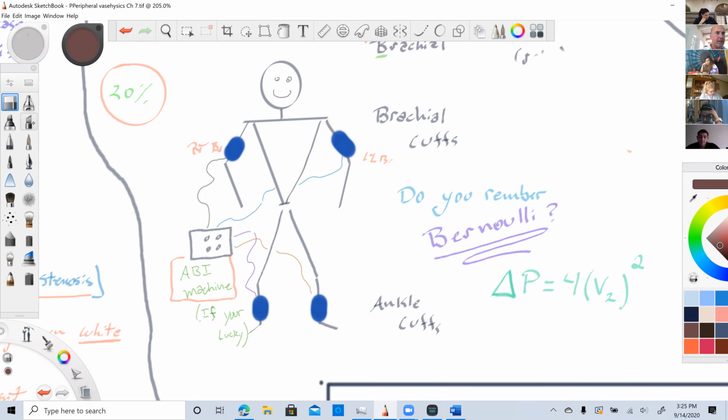Whoops, delta P, right? The change in blood pressure is equal to 4 V squared, which is really a delta V. I don't know why they write it this way. In other words, 4 times the change in the velocity squared. That's a big number, remember?